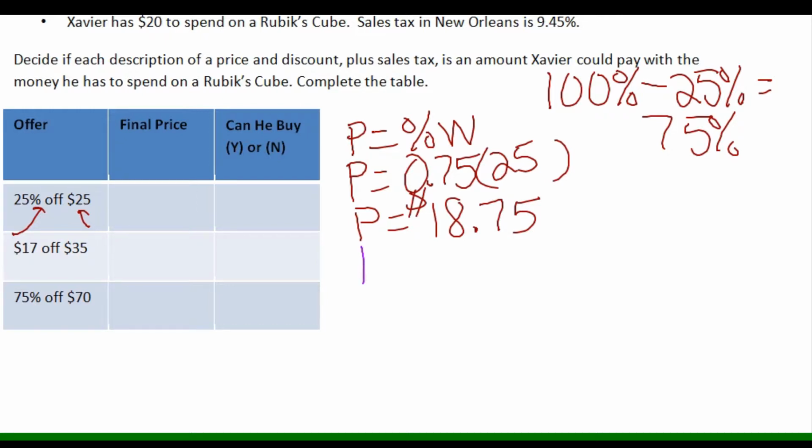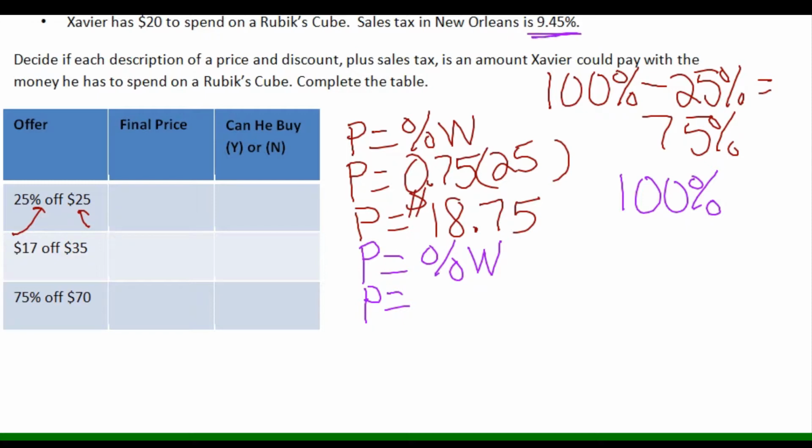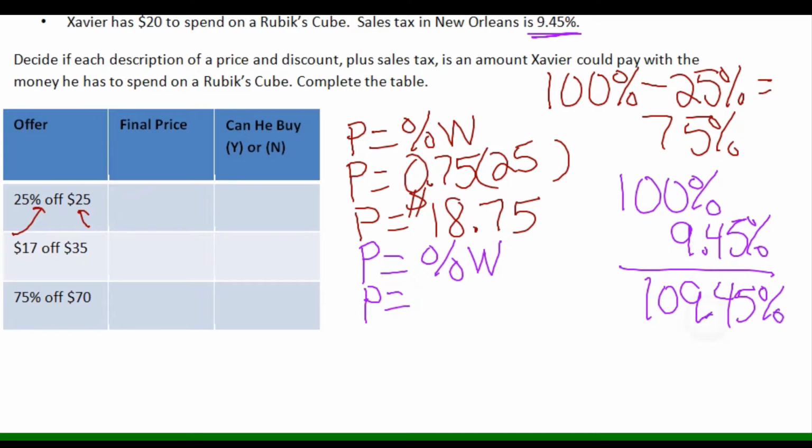Now I can use the same equation. Part equals percent times whole. Now the part is P. The percentage I can use is 100% plus the sales tax, which is 9.4500%. When I add those two percentages together, I get 109.4500%, and that as a decimal is 945 10,000ths.